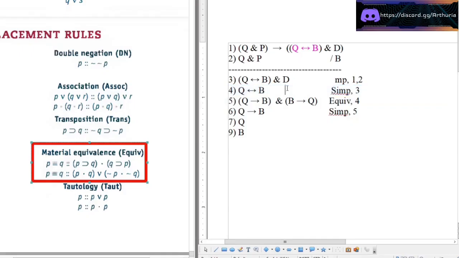If this was Q, I could have. Okay. I can get Q out of this guy with simp. It's an and statement. And then B is the crowd favorite rule, modus ponens of 6 and 7. I like it when it looks like this. Personal preference.